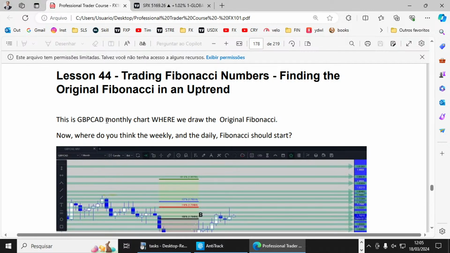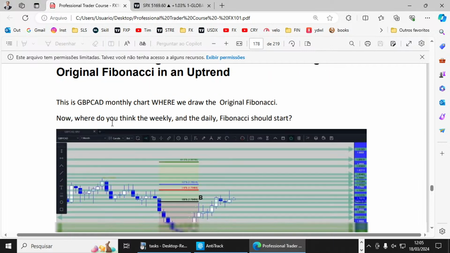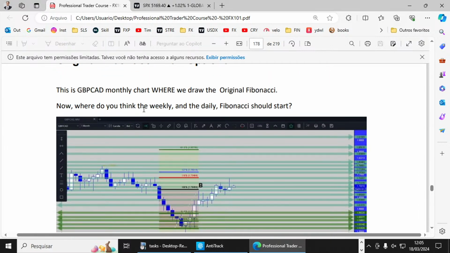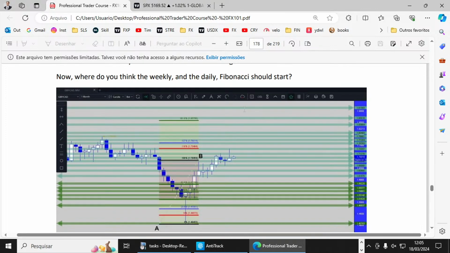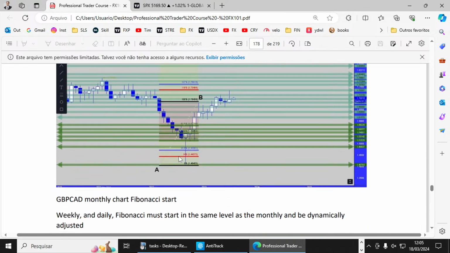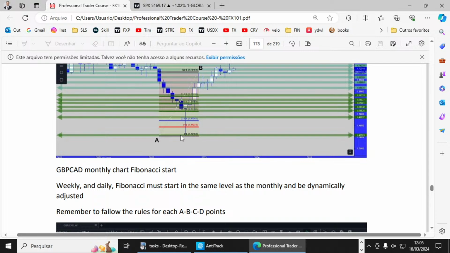So this is the GBP CAD monthly chart where we draw the original Fibonacci. Now, where do you think the weekly and the daily Fibonacci should start? Well, it should be on the same, right? Weekly and daily Fibonacci must start on the same level as the monthly and be dynamically adjusted.